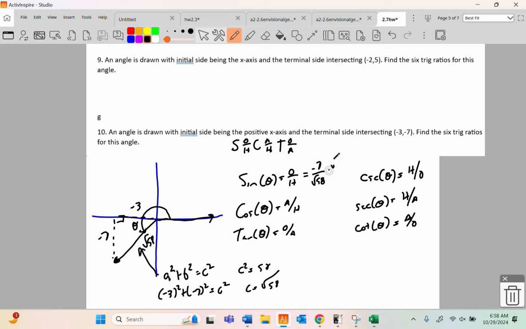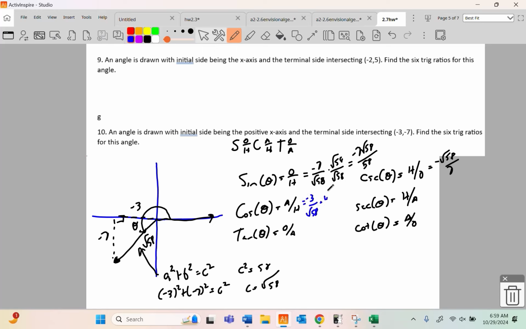The hypotenuse is root 58. You cannot have radicals in the denominator, so you multiply by root 58 over root 58, and you get -7 roots of 58 over 58. Cosecant's the hoe, flip this thing. That'd be negative root 58 over 7. Cosine is adjacent over hypotenuse, which is going to be -3 over root 58.